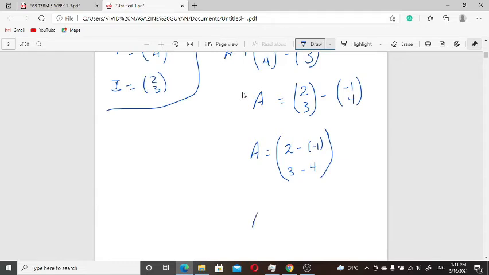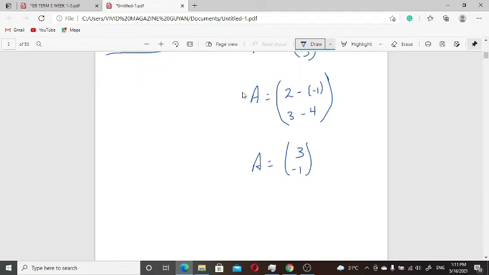Using your calculator, you'll enter 2 minus, open bracket, minus 1, close bracket, equal, and that would give you 3. Then 3 subtract 4 is going to be minus 1. Since we just solved for an object, which is a coordinate, A is going to be equal to what's on top is x, what's on the bottom is minus 1.